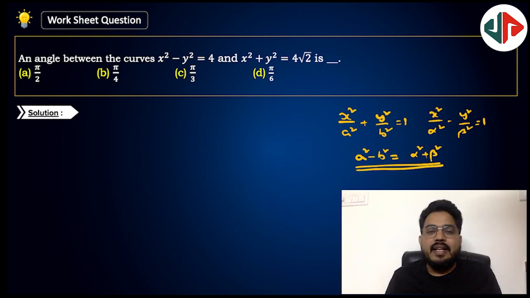They are at right angle. So if you look here, x square by 4 root 2 plus y square by 4 root 2, the value is not satisfying. So it is not pi by 2 actually.